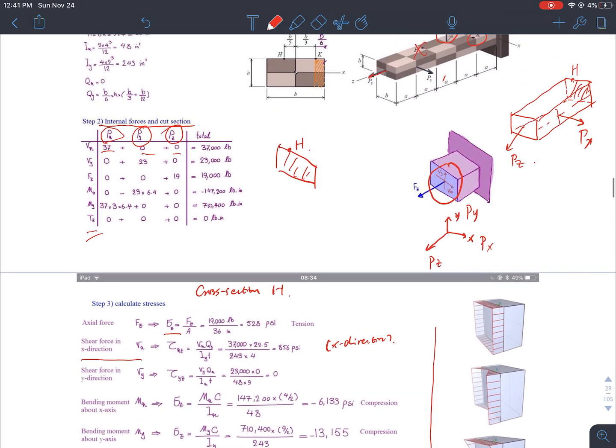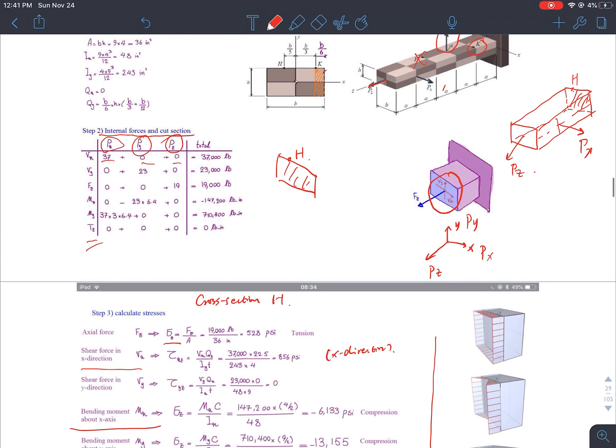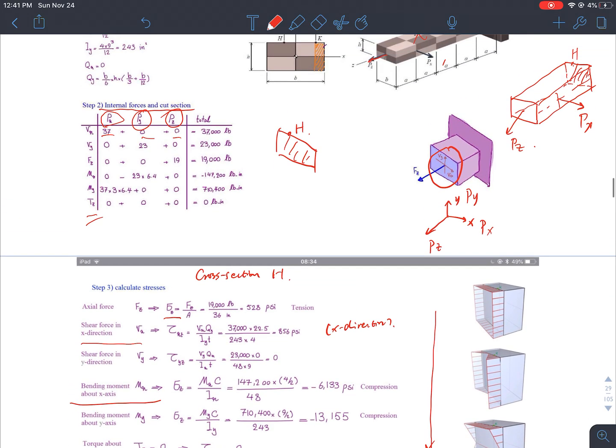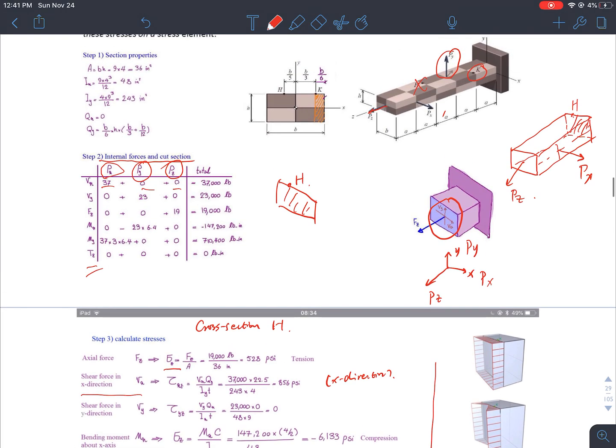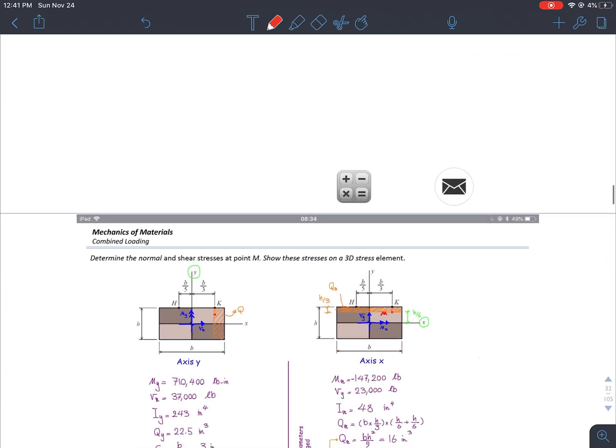I also have shear force in y direction. No, I don't have shear force in y direction. I have moment in x direction. Do I have a moment in y direction? Yes, I have moment in y direction. And I don't have any torsion.